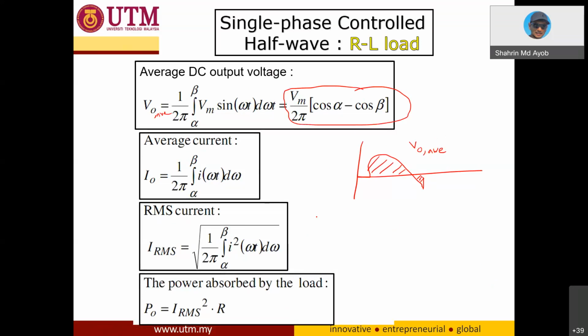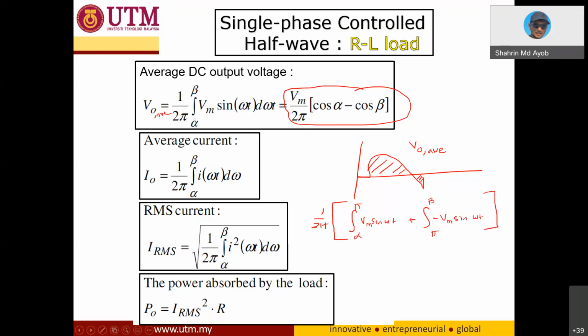You need 1 over 2 pi and then integrate from alpha to pi, Vm sine omega t, plus from pi to beta, negative Vm sine omega t.